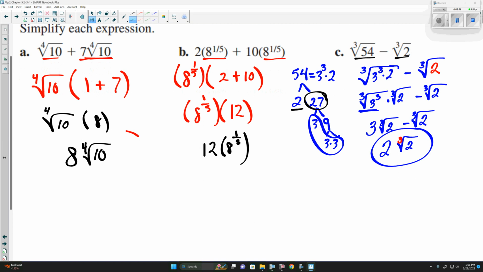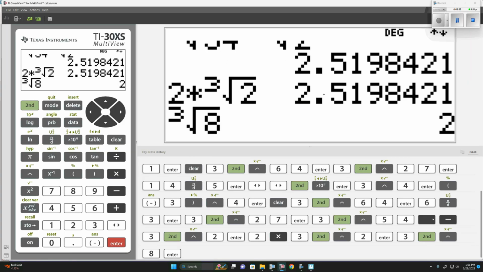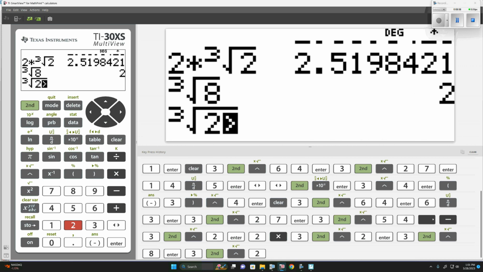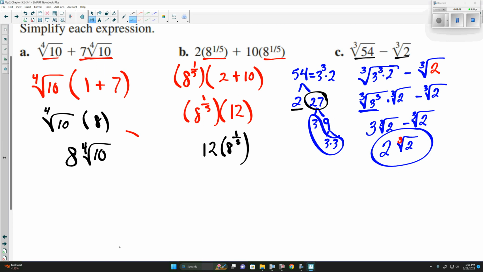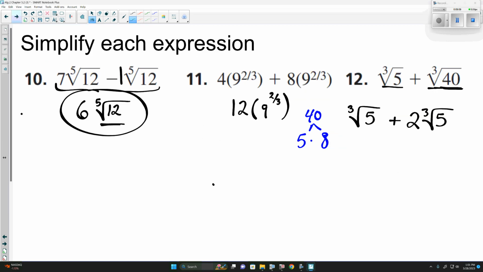So the other is... I can take the cubed root of 27, which is 3, and plug it in. Now we just need to finish this up. 3 cubed roots of 5.